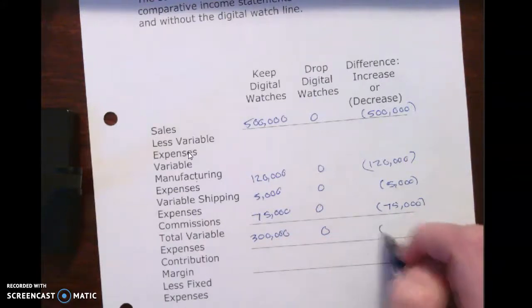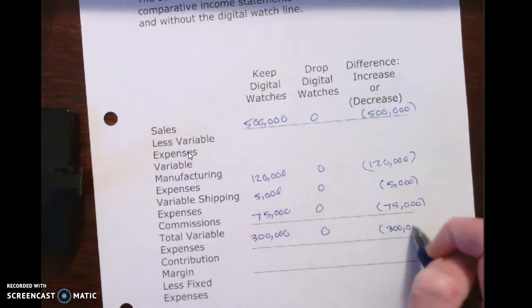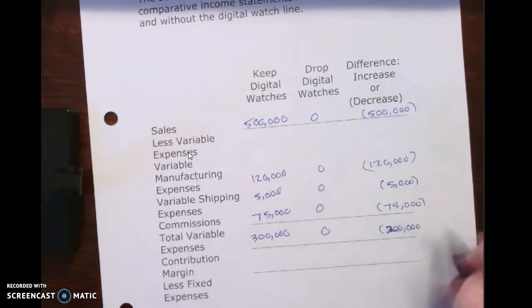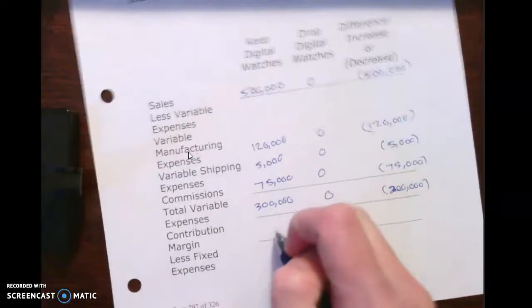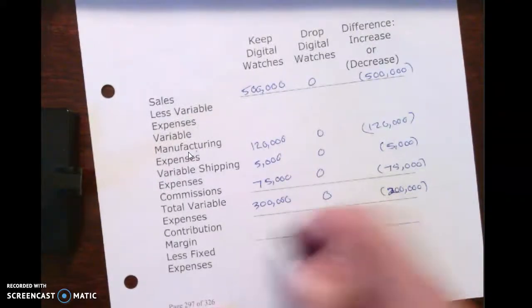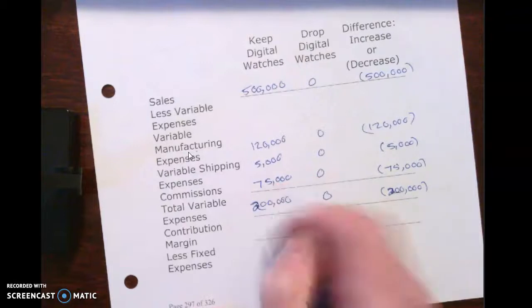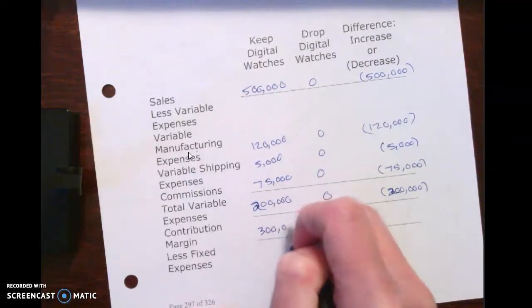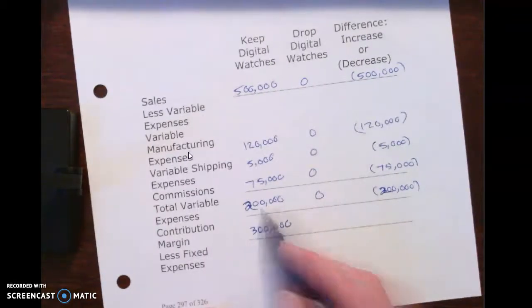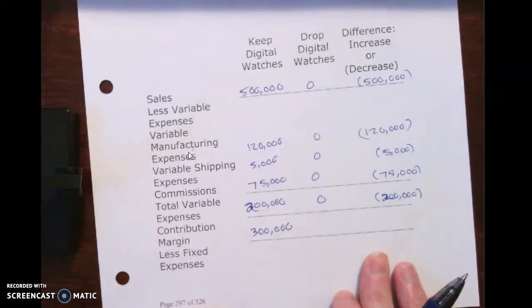And so then we can come over here. We have our 200,000. And so then we look at our lost contribution margin. If we have our contribution margin, we have our 300,000 right over there is our contribution margin. Total variable costs are 200.